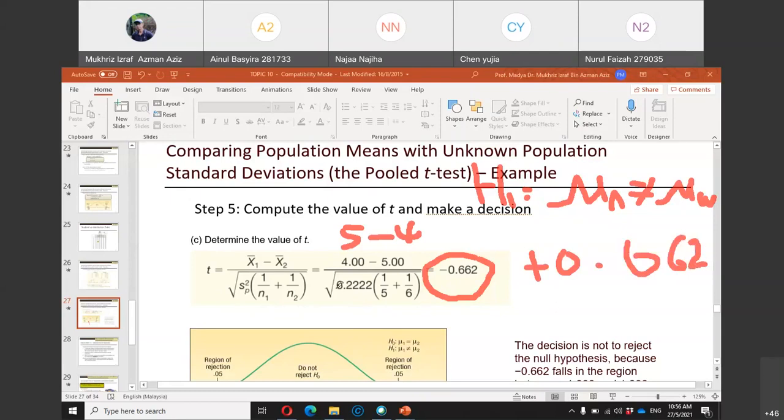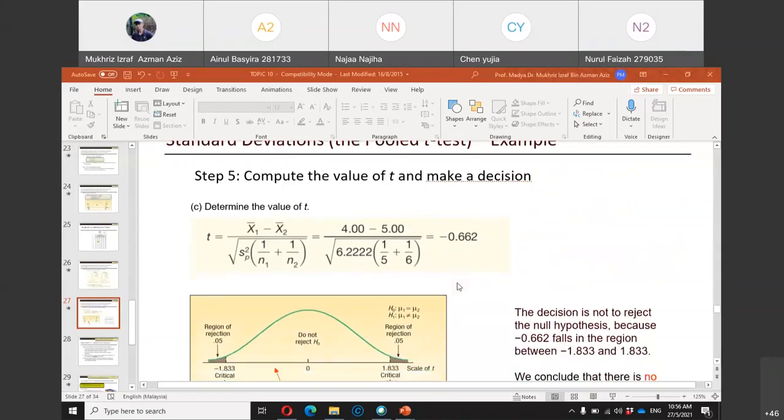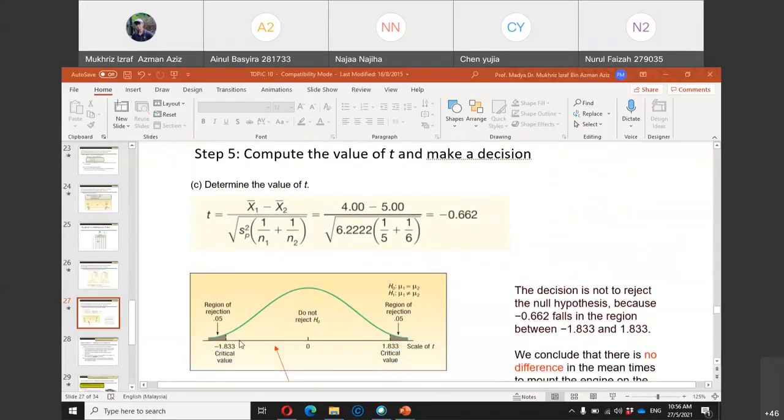Both are still correct, because if you get negative 0.662, like in the slide, you compare on the left side of the tail. But if you get positive 0.662, you compare on the right side of the tail. Either way, the conclusion will still be the same. But remember, if you put 5 minus 4, this must also be correctly represented in your H1.